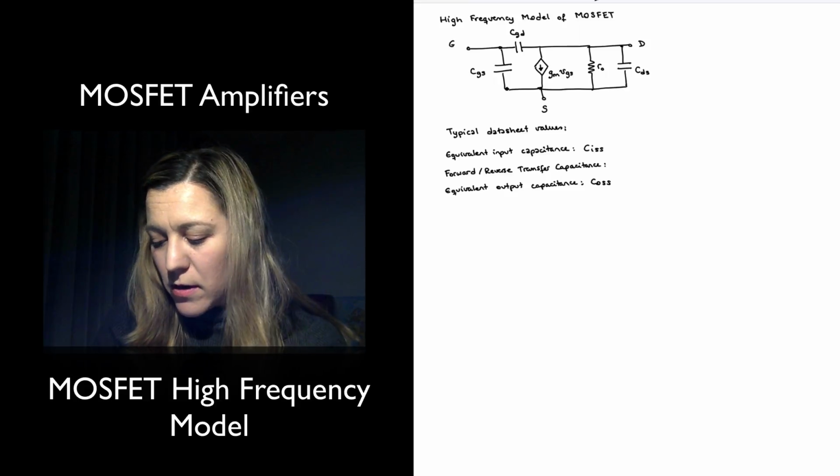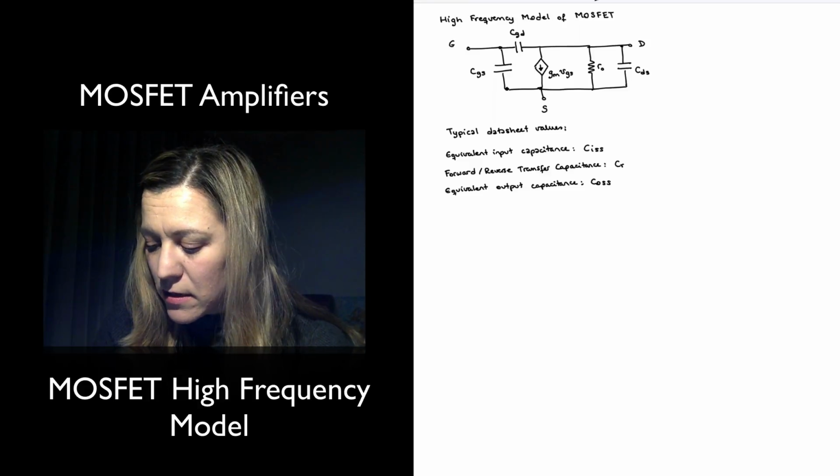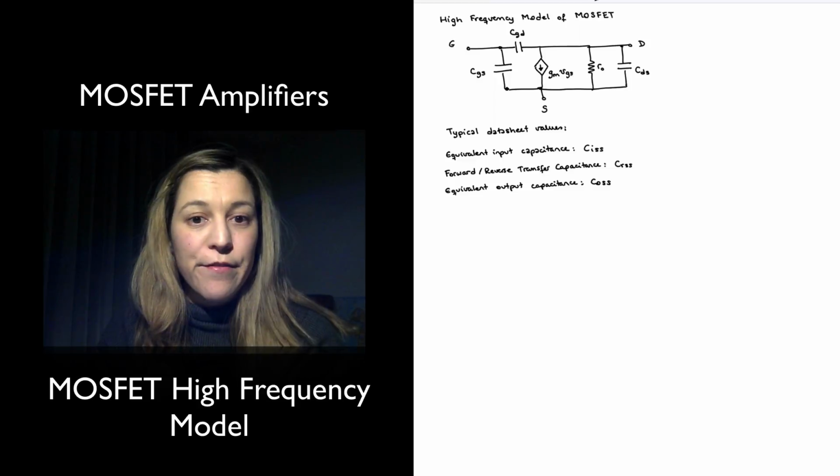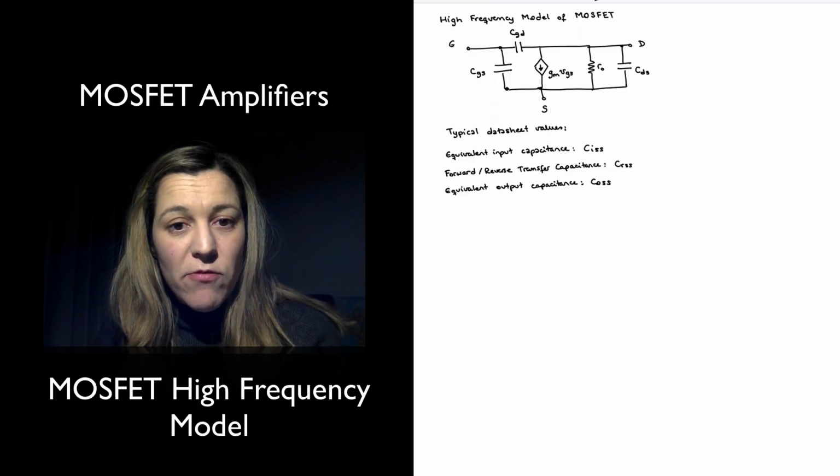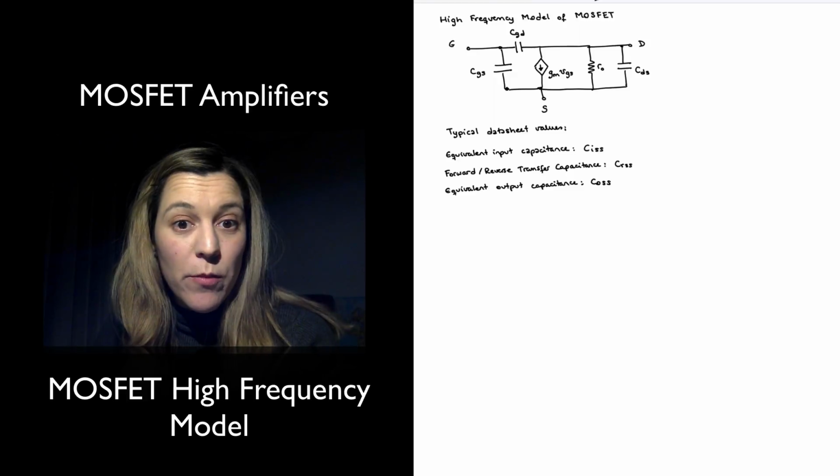If it is reverse, it will be CRSS. If it is forward, it will be CFSS. They're the same thing and they're going to have the same value. Typically, only one of them will be specified.